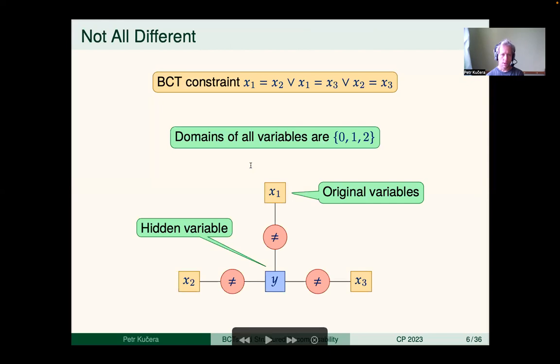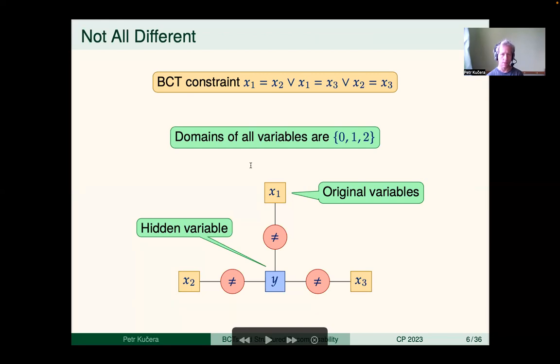So, for example, if we go back to the example of a binary constraint tree on the variables y, x1, x2, and x3, we may consider y as a hidden variable, then x1, x2, and x3 would be the original variables. And if all the domains are 0, 1, and 2, then we get a representation of a BCT constraint that states that x1 is equal to x2, or x1 is equal to x3, or x2 is equal to x3.